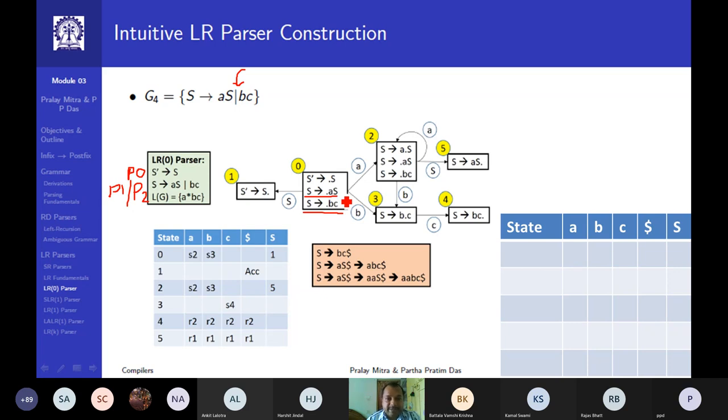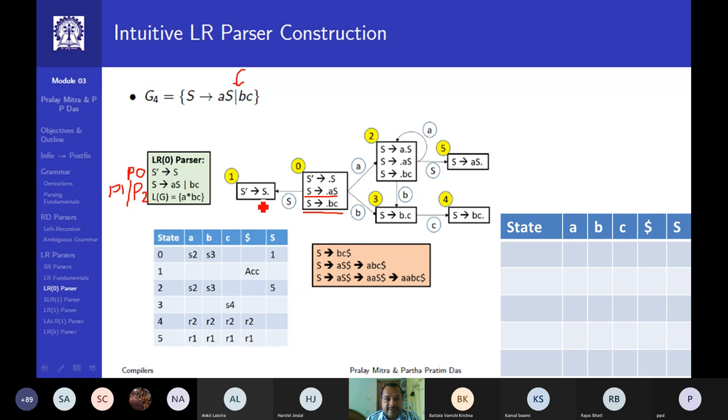Now if this is my state 0, how many different possibilities are there for transition? One, of course: when I see S, I go to state 1, and then it is S prime derives S dot, and you understand from the previous experience that I have reached the accept state. No more transition is required from this position.